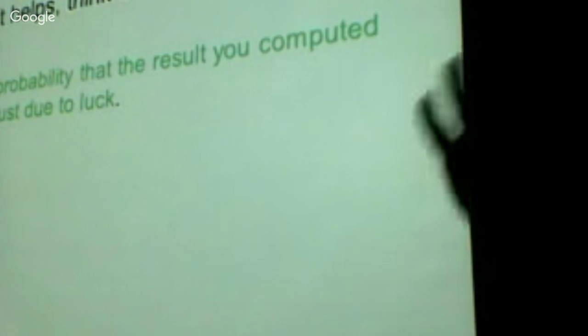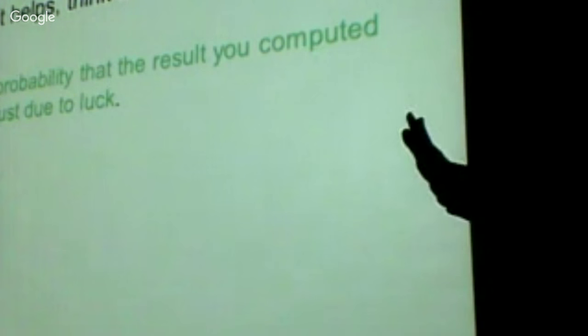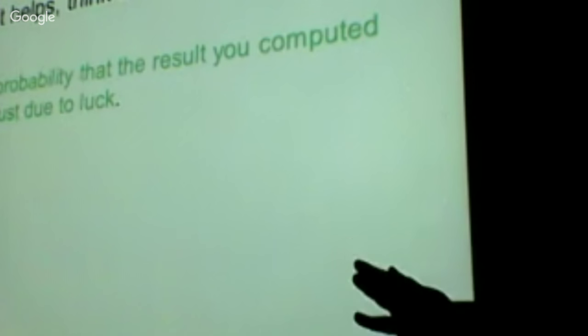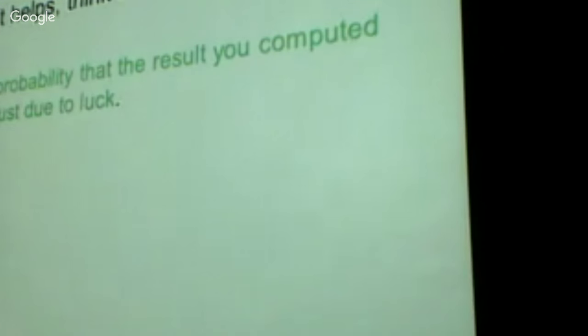If it helps, think of it this way. The probability that the result you computed was due to luck. Okay, so even though now I've given you the theoretical foundation of theoretical universes where your sample came from, you can put that aside and just think about this if this helps you for the rest of your life. P-value is the probability that your result is just luck.